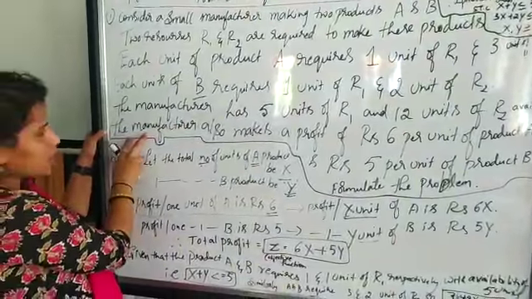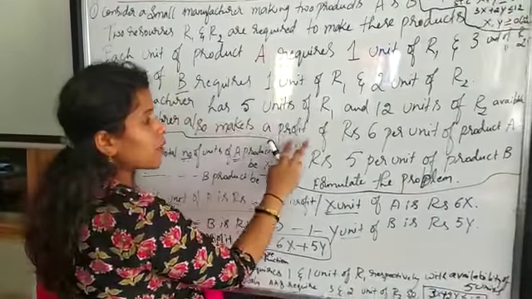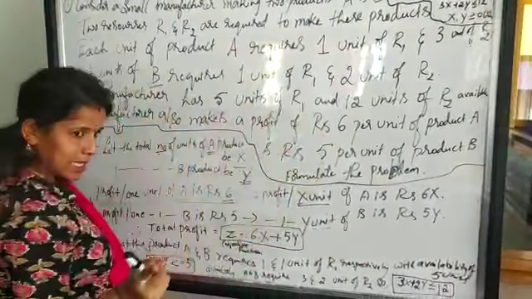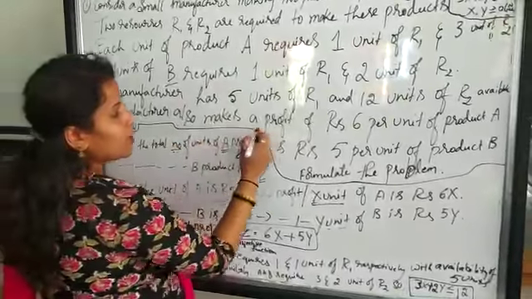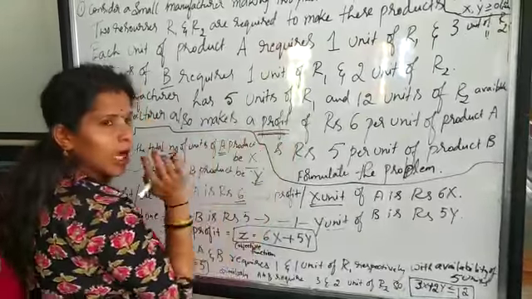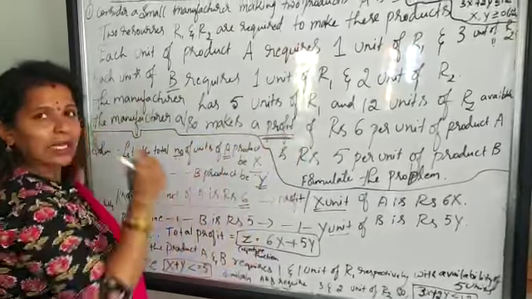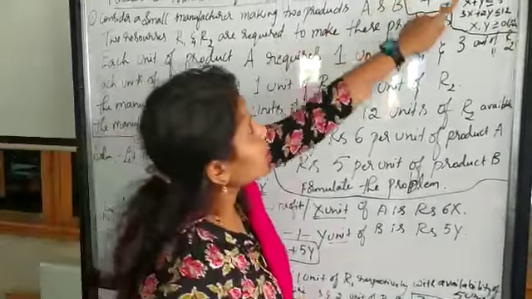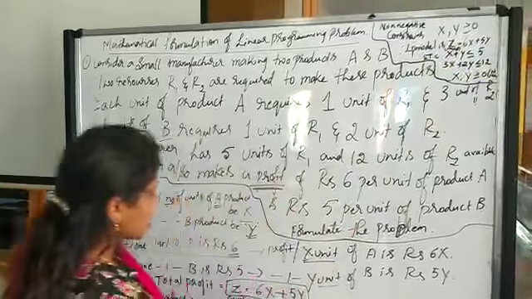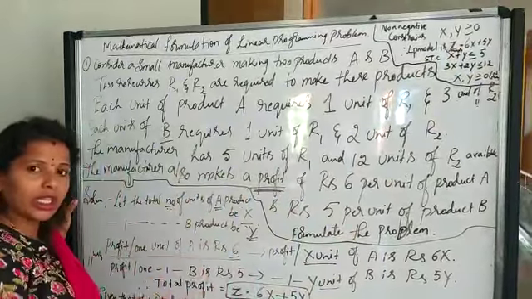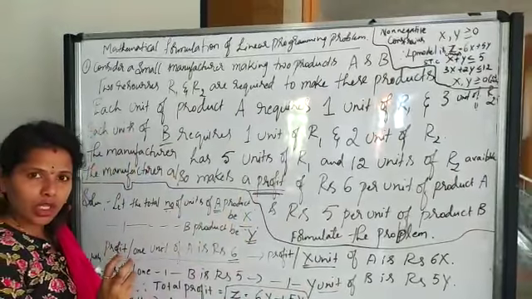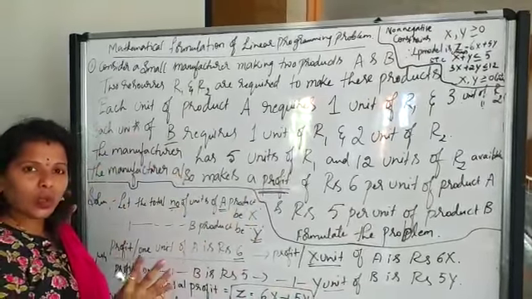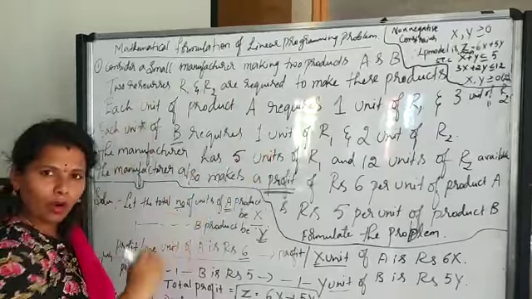The manufacturer also makes a profit, please understand, it's a profit. Whenever your question gives a profit, it means Z, the objective function, as I have told in the previous video. The objective is to maximize the profit.